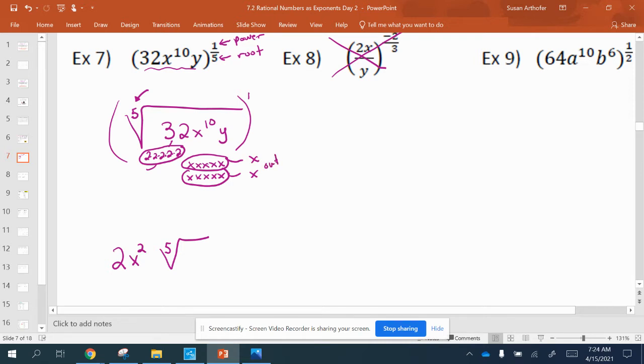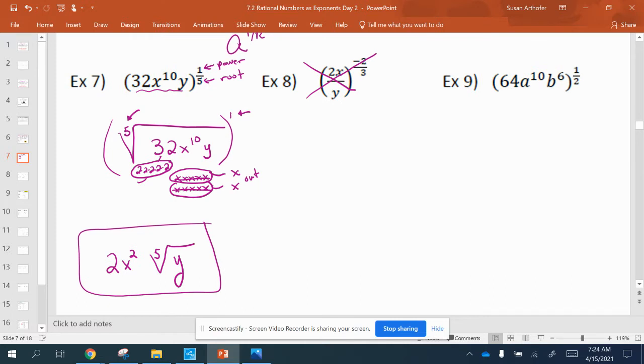There's none left in because we took care of all 10. And then the y in the back is just a y to the hidden 1, so there's not enough to get out. So we leave y in, and that's our final answer. Now this hidden exponent of 1 that was up here, we didn't need to use that at all because it's just to the first power.